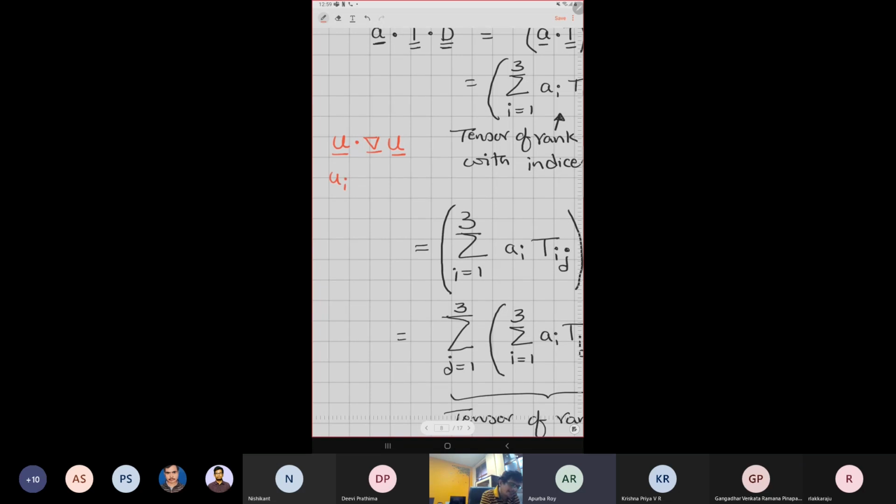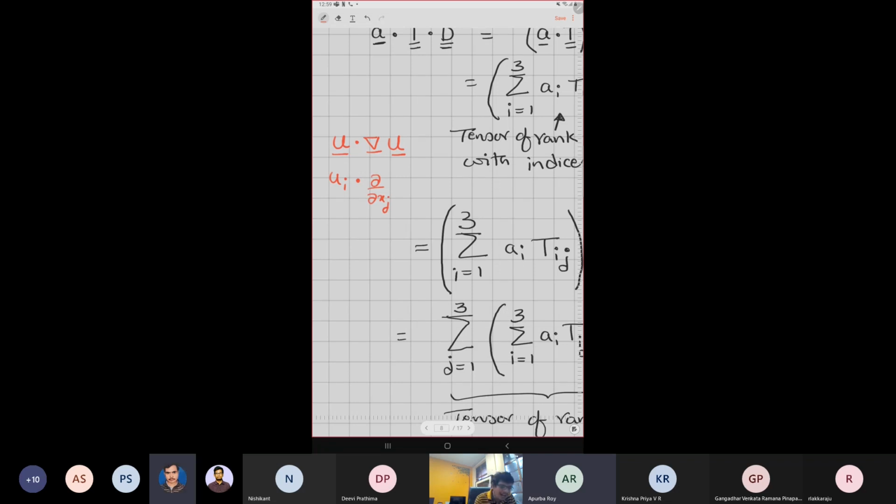Then the dot grad is grad J, and again it will be Ui. Are you sure? I mean, I know del by del xi, like this. That's okay. Whether you write del by del xj, perfectly fine. But what is the next U? Next will be Ui. It cannot be.